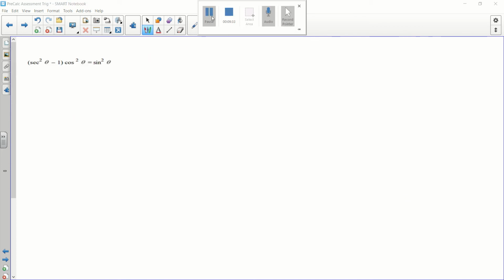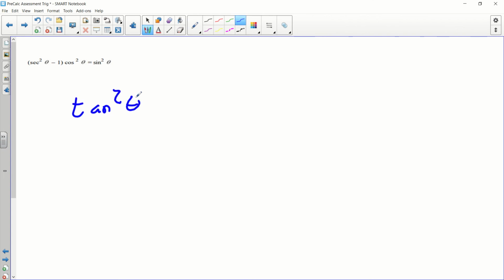The second of the two verification problems. Most of you guys did really well and recognized right away that secant squared theta minus 1 is equivalent to tangent squared theta. So we have tangent squared theta times cosine squared theta.